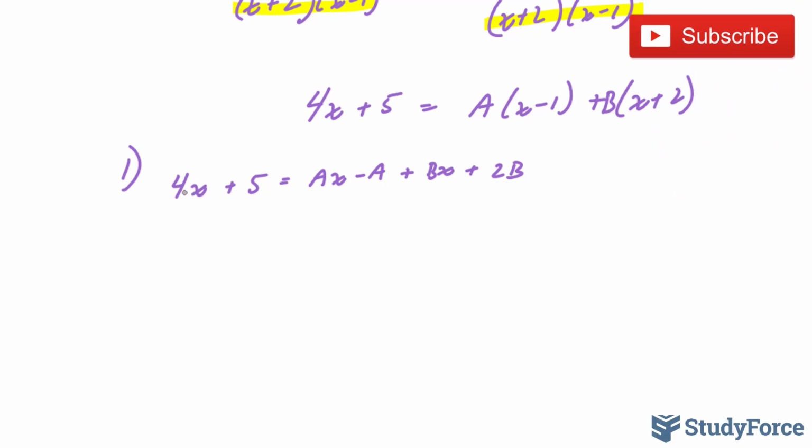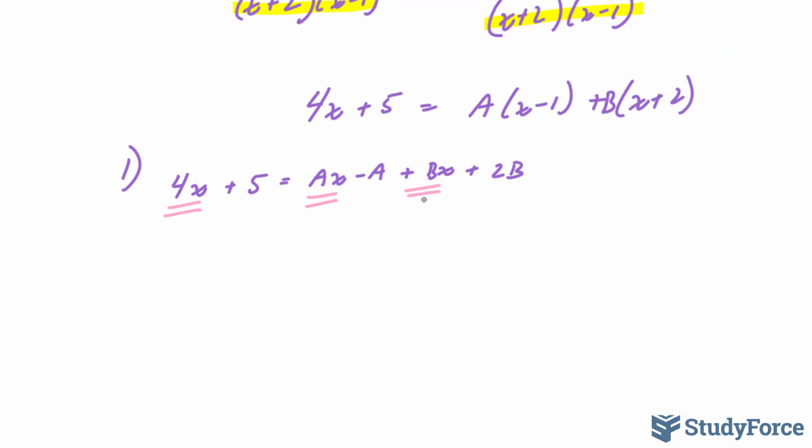So we have 4x, ax, and bx, and we have 5, negative a, and positive 2b. What I mean by matching the coefficients is now you write down 4x is equal to ax plus bx, and for the other equation we have 5 is equal to negative a plus 2b. Now since we're only focusing on the coefficients, we won't write down the x's.